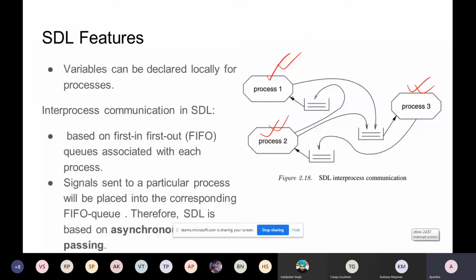Now, sometimes in a distributed scenario, these different processes may not have access to your shared variables. That's why these variables are declared locally, and you need some inter-process communication technique in HDL, and that is done based on these types of message queues.